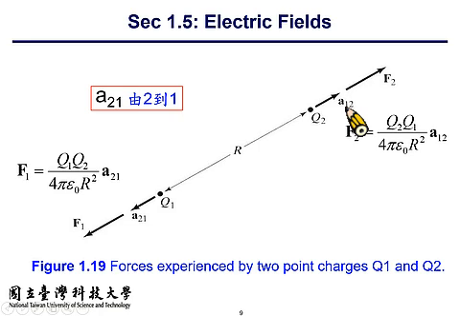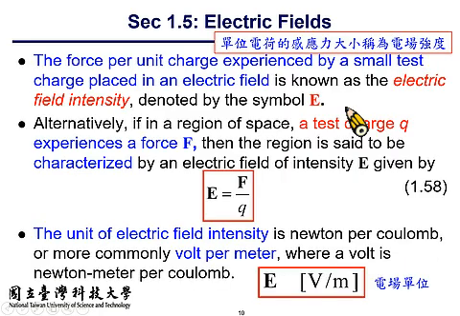The presence of a charged particle shall establish a field so that if you put another charged particle in the neighborhood, in this area, you will experience a repelling or attracting force depending on the polarity of the charge. Okay, and this field is there no matter whether you have another charged particle or not.